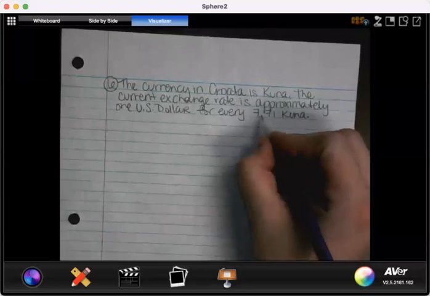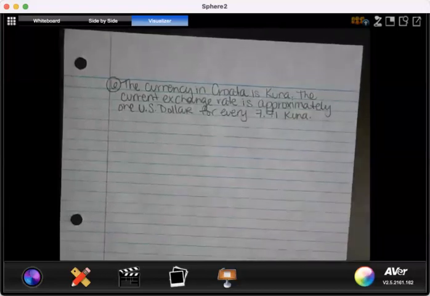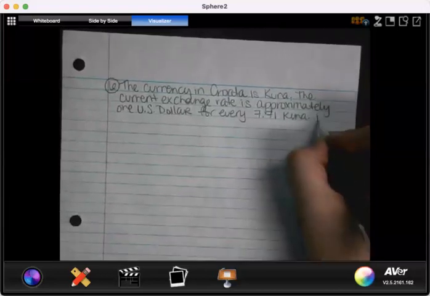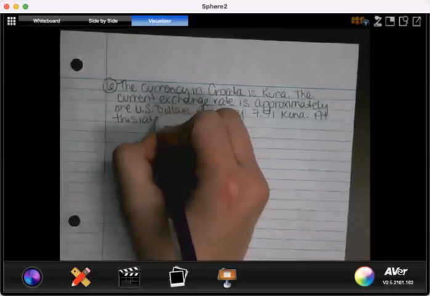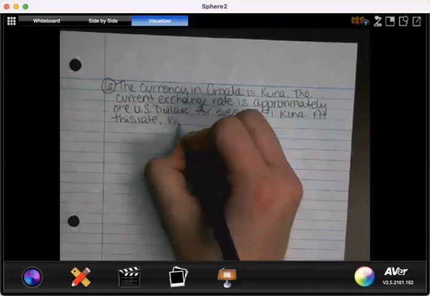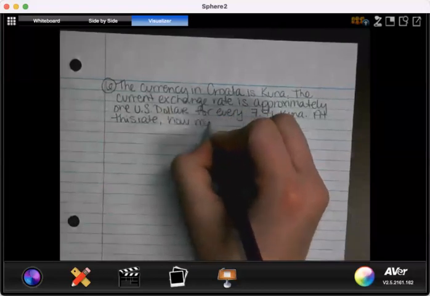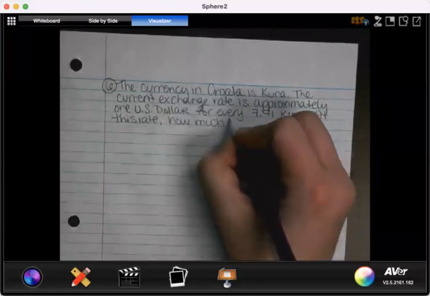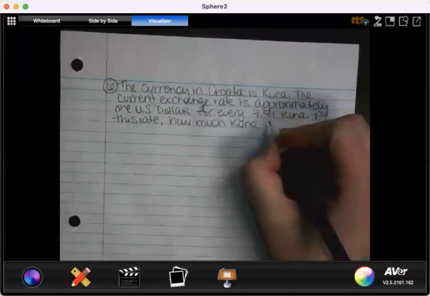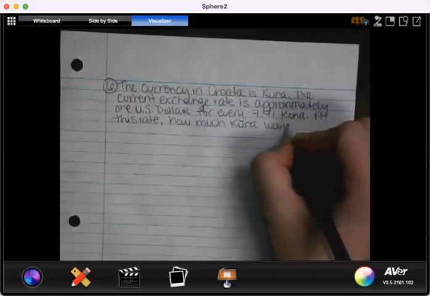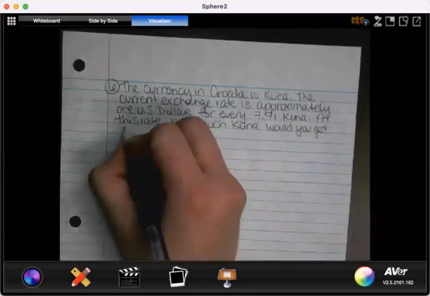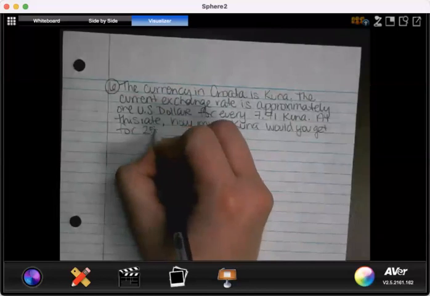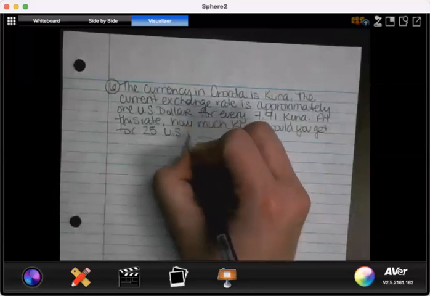Again, 7.71 kuna. At this rate, how much kuna would you get for 25 US dollars?